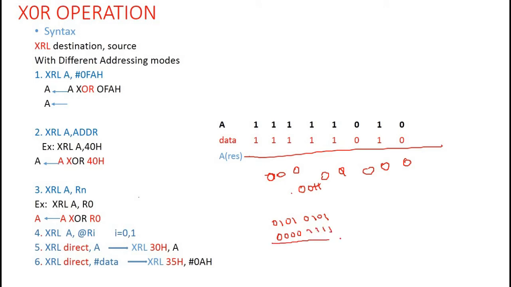So if we do the XOR operation, we get 0101 1010. So this is 5AH, correct? And this will be stored in the accumulator. Okay, I hope it is clear.